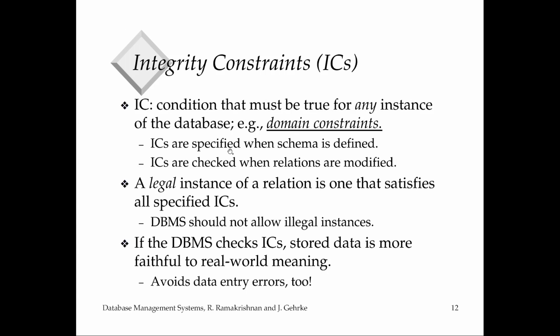So you specify these constraints when you're defining the schema, and then there are also checks when the tables are modified. And then we'll see what these statements mean. But this essentially means that if you want some constraints enforced on your tables, you need to specify them when you're creating those tables.